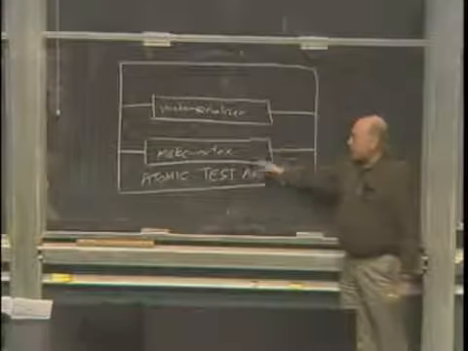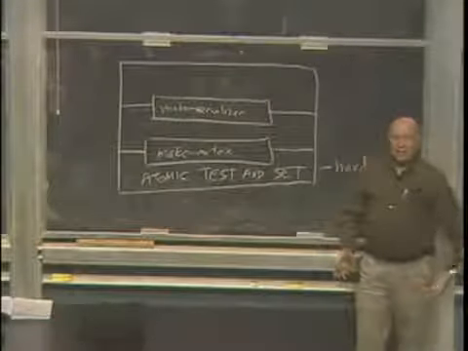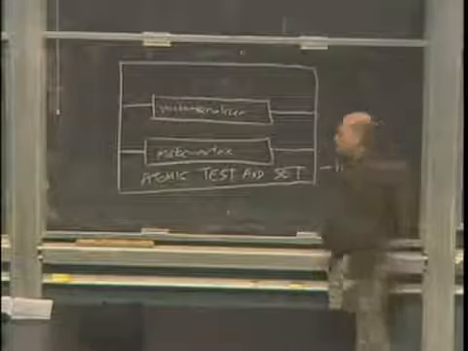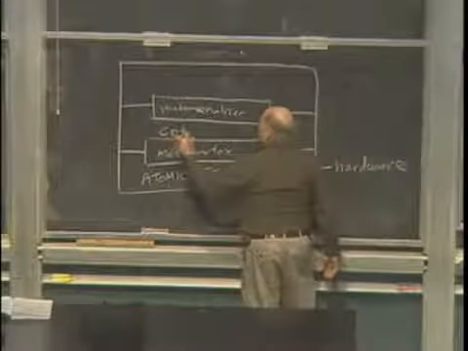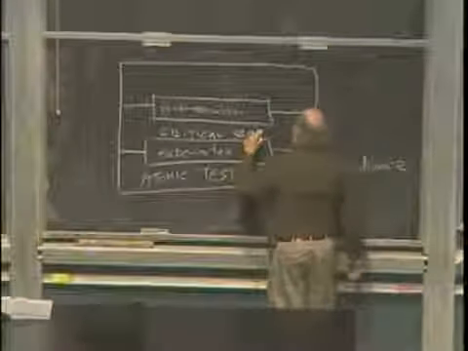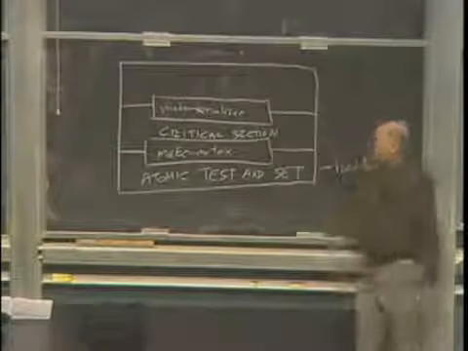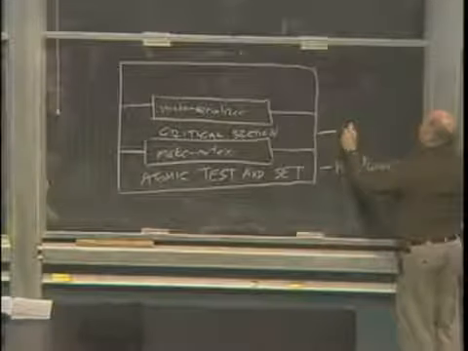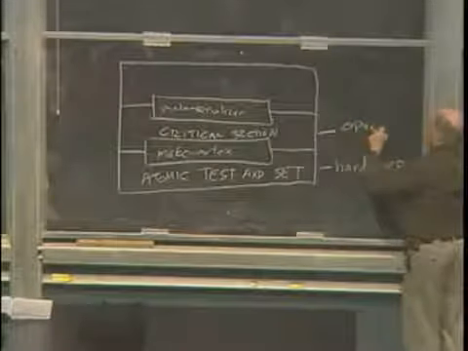So make mutex uses atomic test and set, we'll see how that works in a bit, to create something called a mutex, and that gives you critical sections. This level of abstraction is typically provided by your operating system.